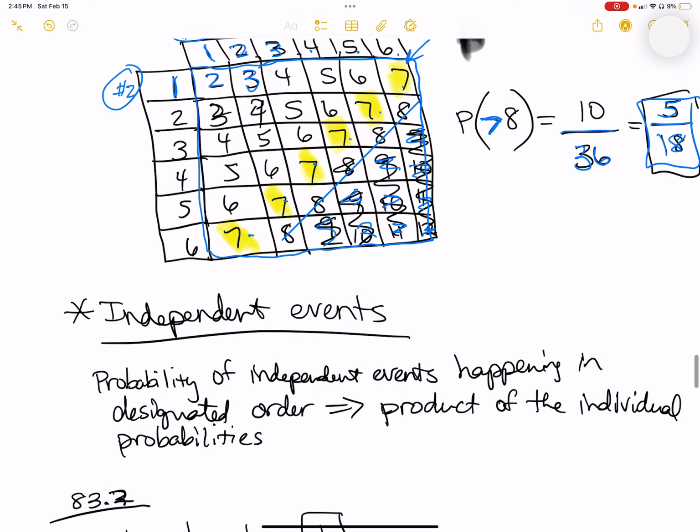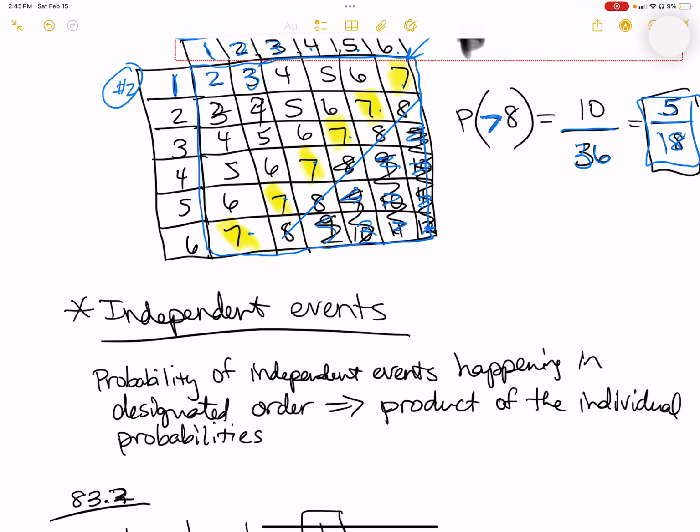All right, independent events. Those are events that don't have any effect on each other. So if I say you're going to flip a coin and I'm going to flip a coin, whatever I land on, if I get heads, that doesn't affect you getting heads or tails. You can still get heads even if I get heads, okay? So these are independent events that are not going to affect each other.